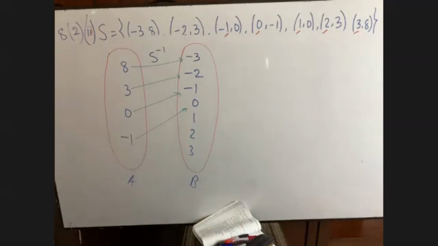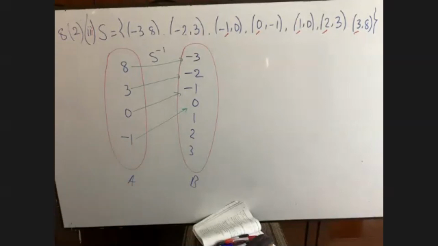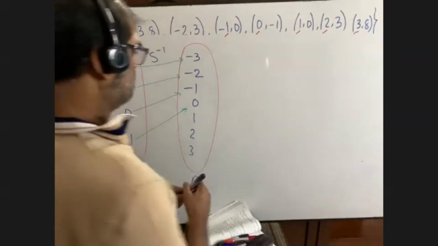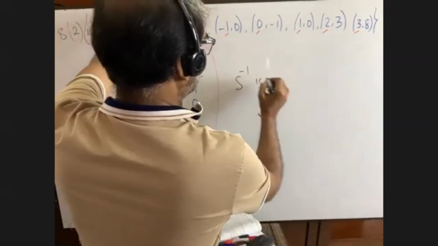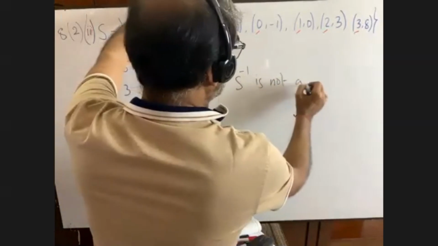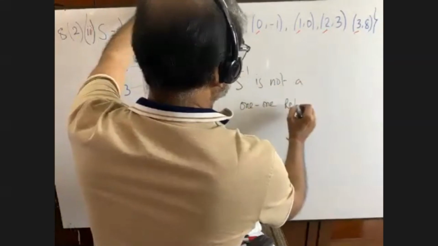So it is also not one-one. Please try to understand. We will not write any value; repetition values will not be written. So write down S inverse is not a one-one relation.